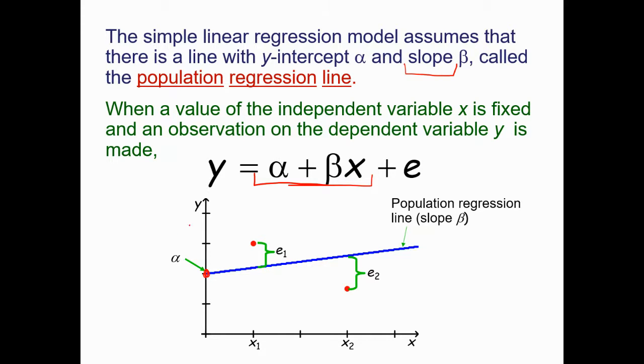And then the distance from the regression line to the point itself are the error terms. And notice I use subscripts here: E sub 1 and E sub 2.